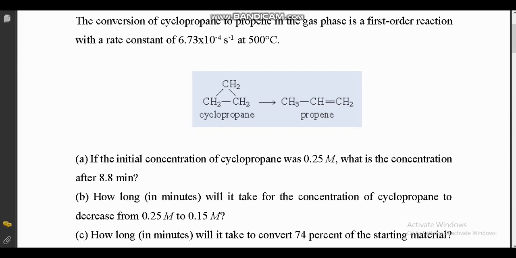B: how long in minutes will it take for the concentration of cyclopropane to decrease from 0.25 M to 0.15 M? The last question we'll answer is: how long in minutes will it take to convert 74% of the starting material? So let's start with the first question.